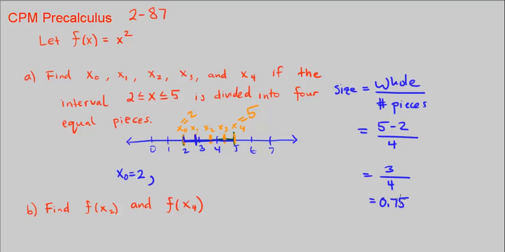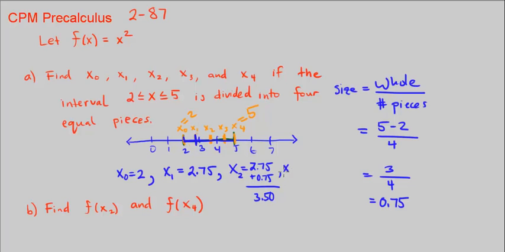I add 0.75 to get x sub 1, which is 2 plus 0.75, or 2.75. x sub 2 is this term plus 0.75, so 2.75 plus 0.75 is 3.5. That's x sub 2.